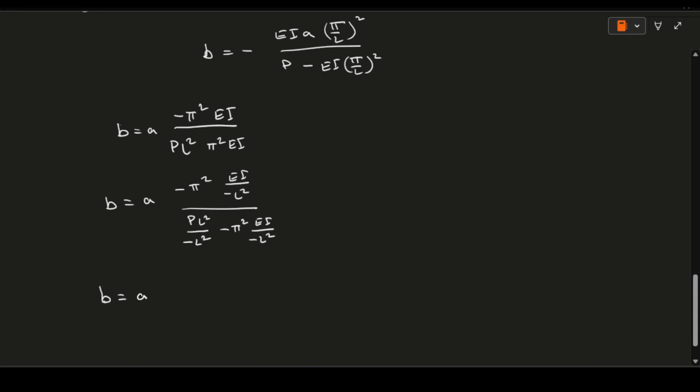And we get that a times pi squared EI over L squared, divided by minus P plus pi squared EI over L squared.